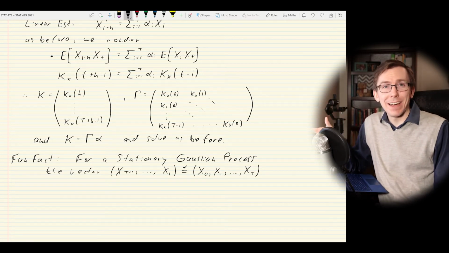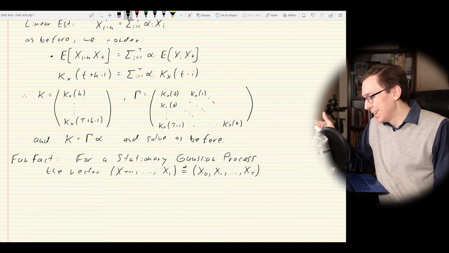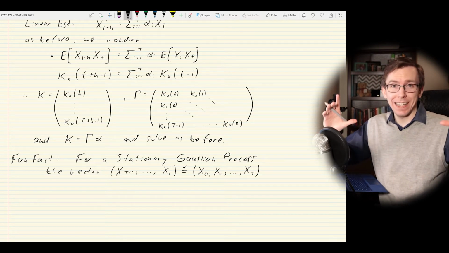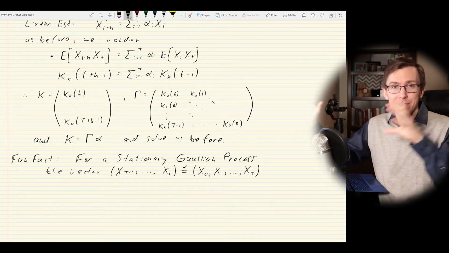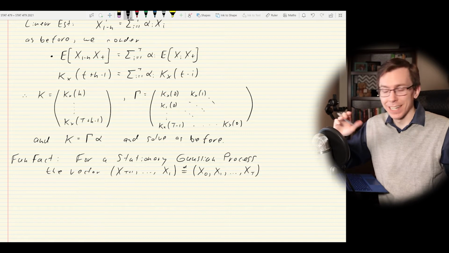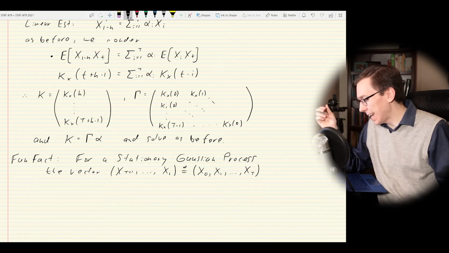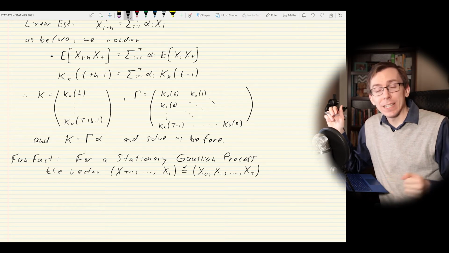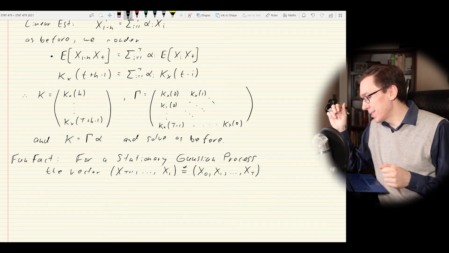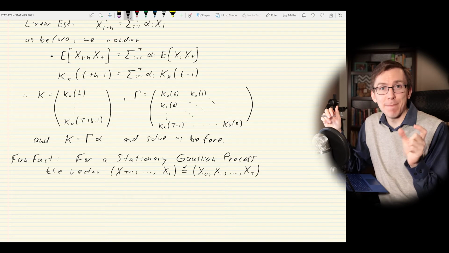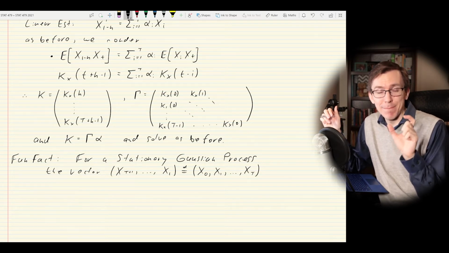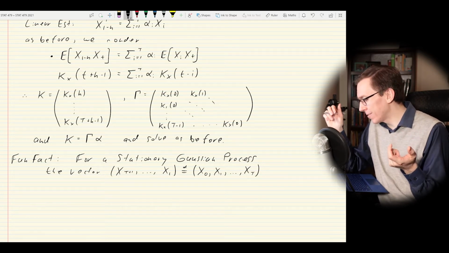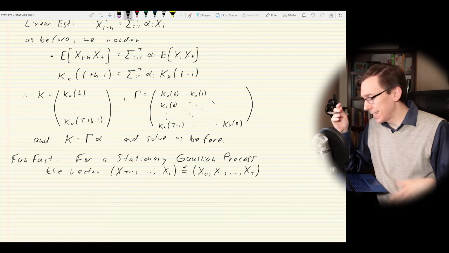Basically, the point is that if I have a Gaussian process, well, first of all, it's stationary. So if I take a vector of data points, I can shift them to the left, I can shift them to the right. It is not going to change anything. But the autocovariance is also stationary and it's symmetric. And because it's symmetric, I can flip the order of it and I get the same autocovariance out.